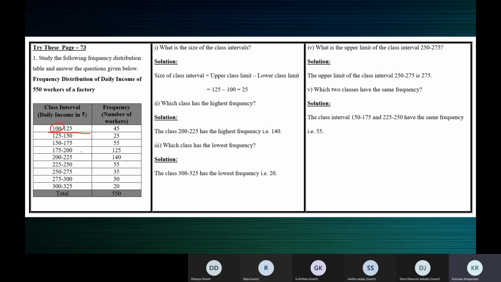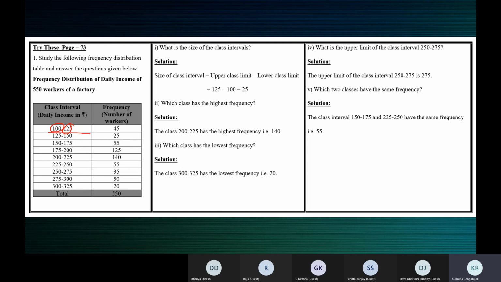It's the lower class limit or simply the lower limit. And what do you call 125? The upper limit or the upper class limit.